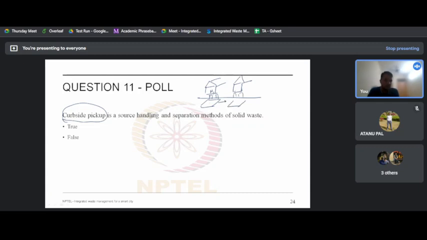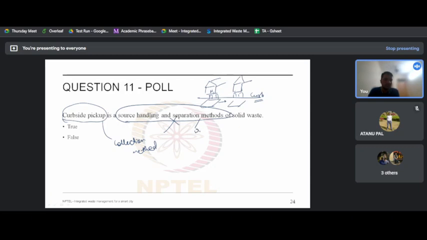It will go on moving and collect throughout the colony, however their plan is. This is the road curb, so on the curb side we'll collect the waste. So this is not a handling and separation method. No, this is a collection method. Handling and separation will be when we are trying to separate the wastes.